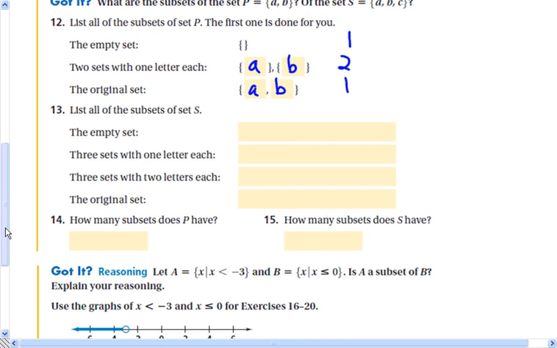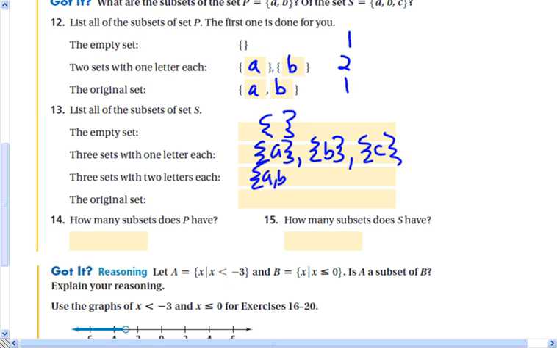List all the subsets of set S. Again, the empty set is a subset of every set, so we're going to include that one. There's 3 sets with 1 letter each. That would be A, B, and C. And there's 3 sets with 2 letters each.